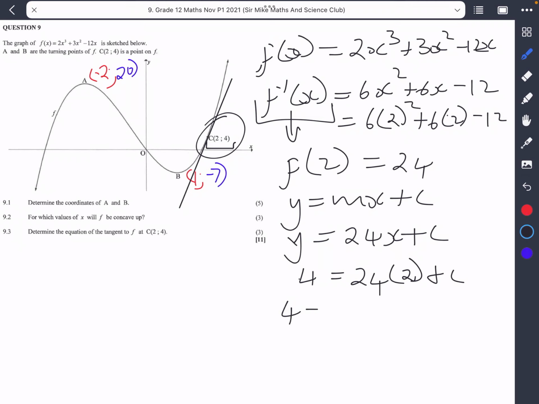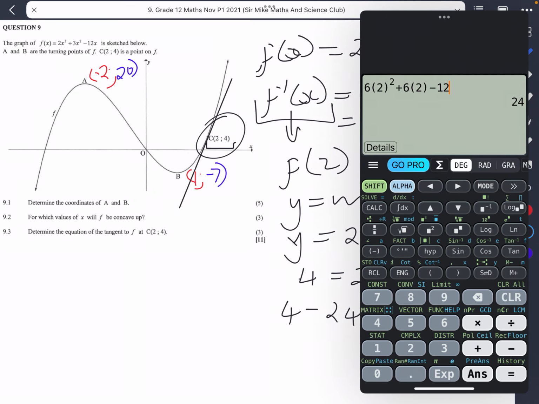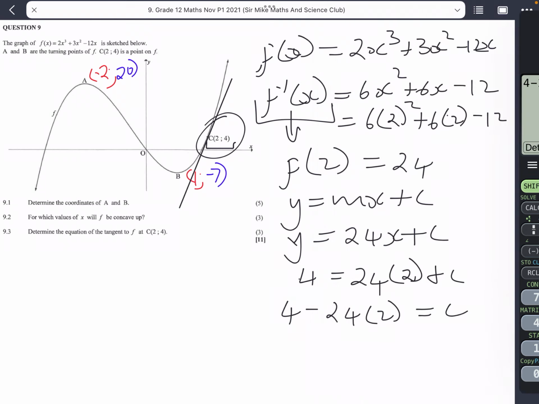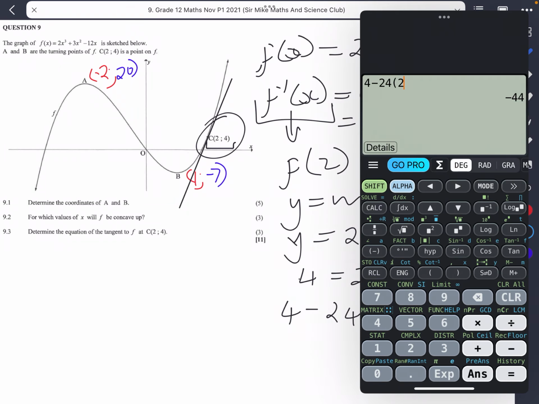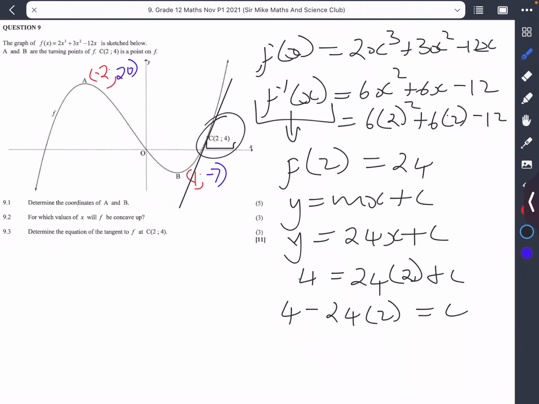So c equals 4 minus 24 multiplied by 2, and you would actually get c to be negative 44.